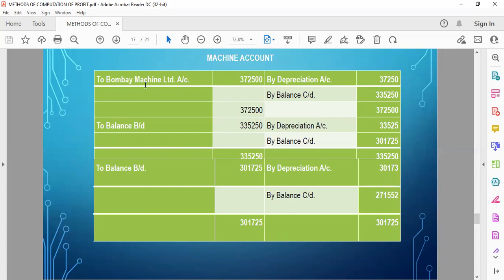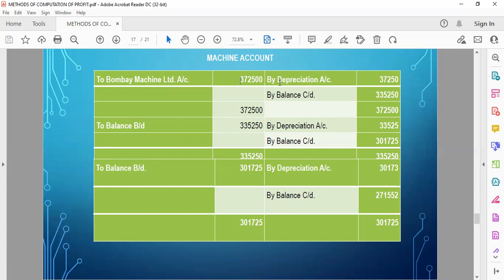First we write to Bombay Machine Limited account. How much is the value of that machine? 3,72,500, right? So you write it in the amount column, 3,72,500. Every year we should calculate the depreciation, right?